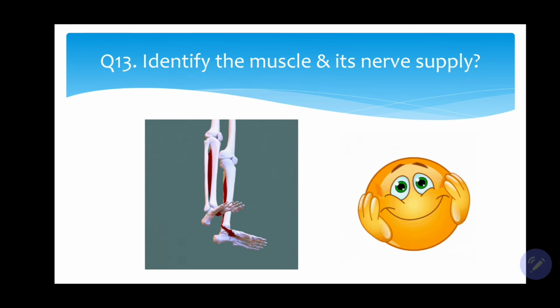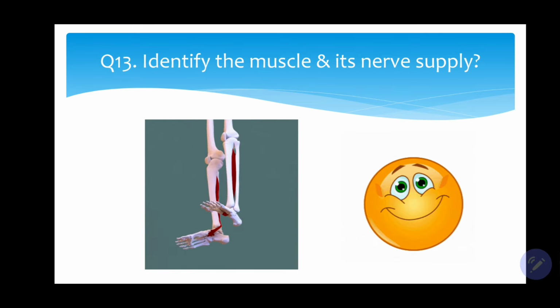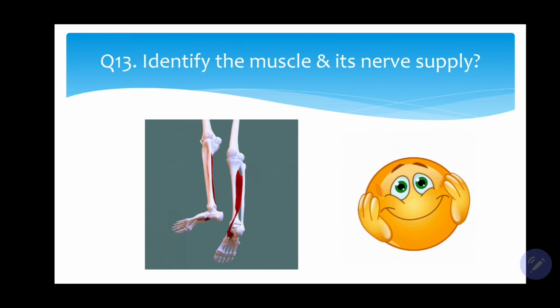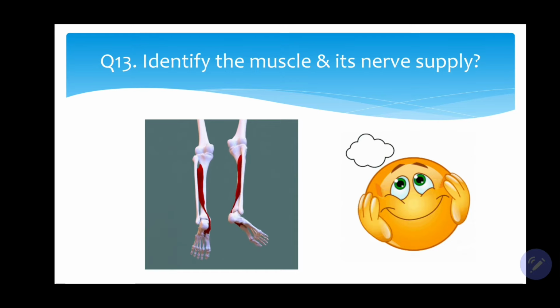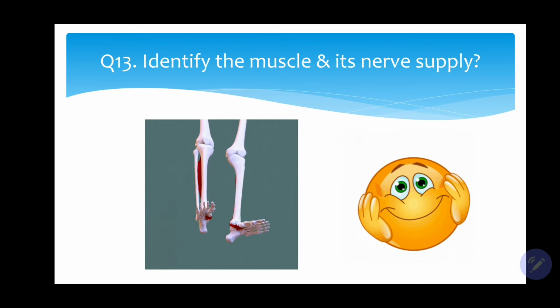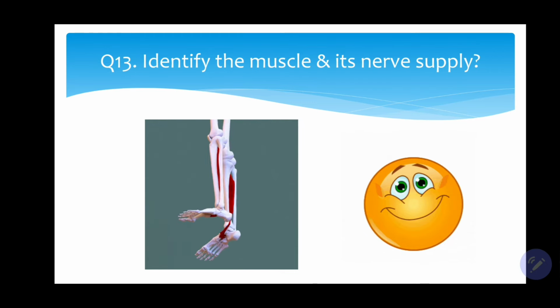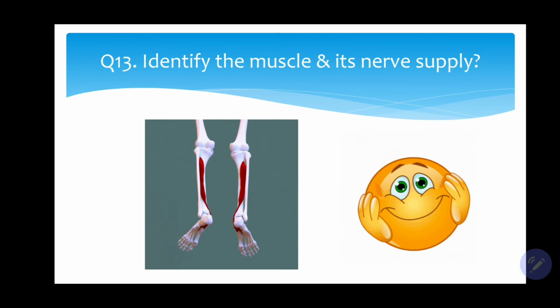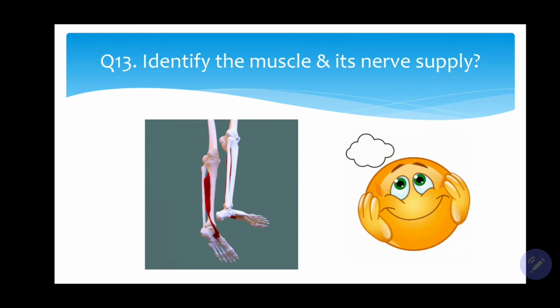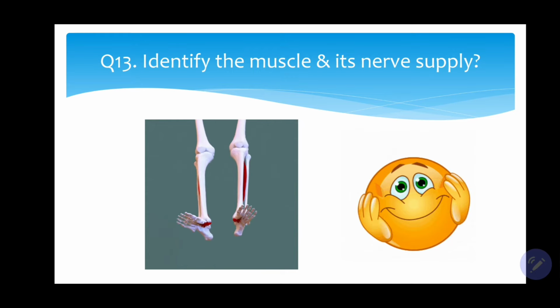So flexor digitorum longus should be the first tendon to emerge out from the flexor retinaculum, but it's not happening in the flexor retinaculum. It is tibialis posterior that is medial most to emerge out. Got it? By now you should have understood. That means this flexor digitorum longus in its course up to the sole crosses two tendons, right?